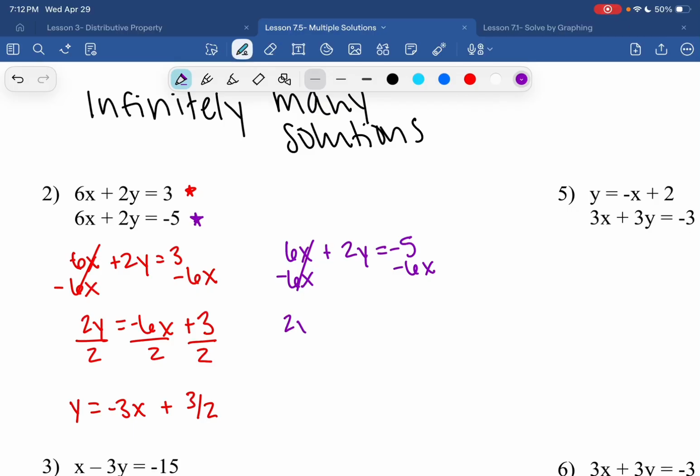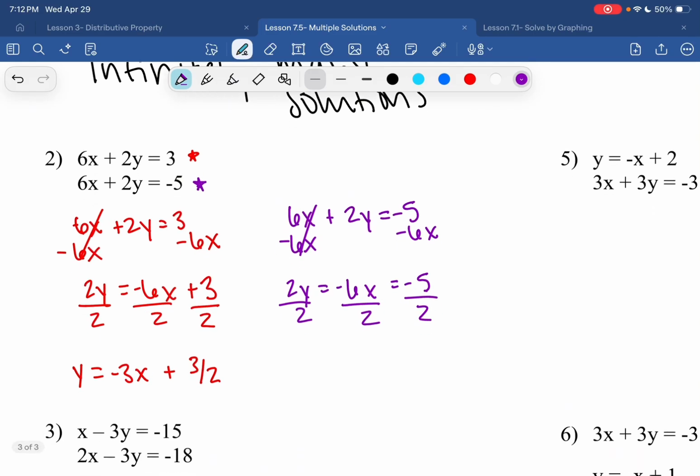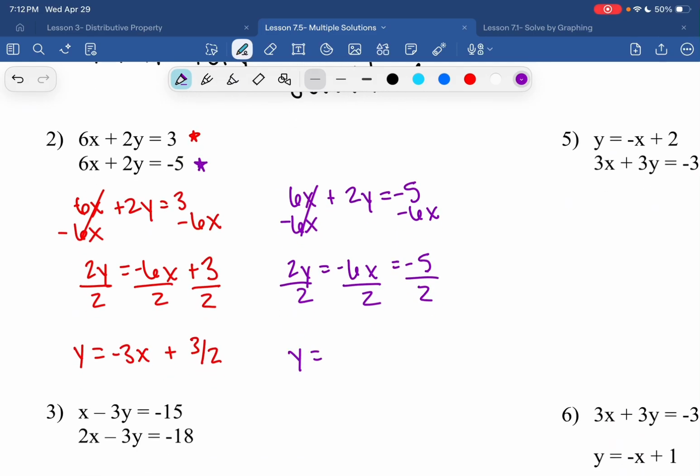I now have 2y equals -6x minus 5. I divide by 2. I now get y equals -3x minus, oopsies, why did I write an equal sign here? 5 over 2.